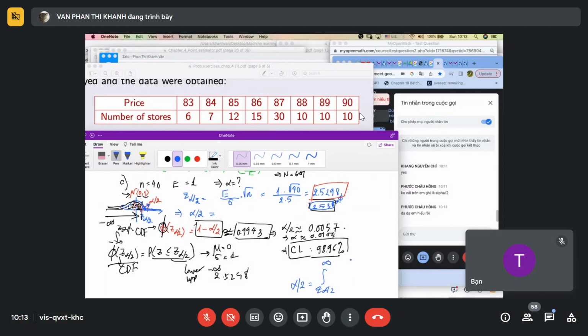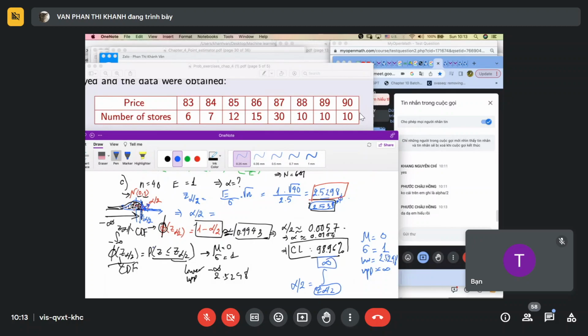It means that in your calculator, you write mu is 0, sigma is 1, and the lower bound is 2.5298, z alpha over 2. And for the upper bound, you use infinity, meaning you choose a large number. So alpha over 2 is this area, the integral from z alpha over 2 to infinity.